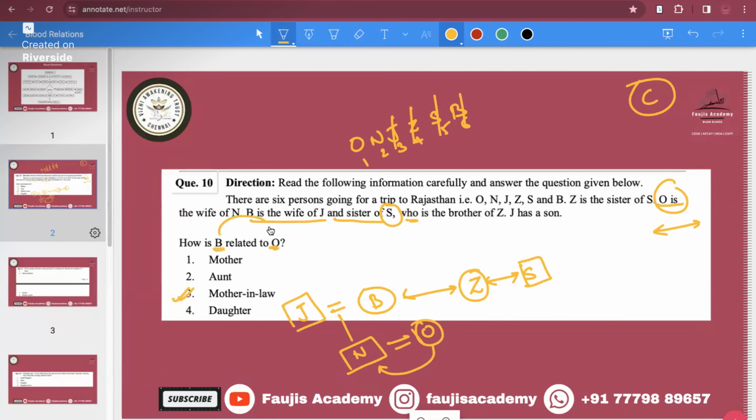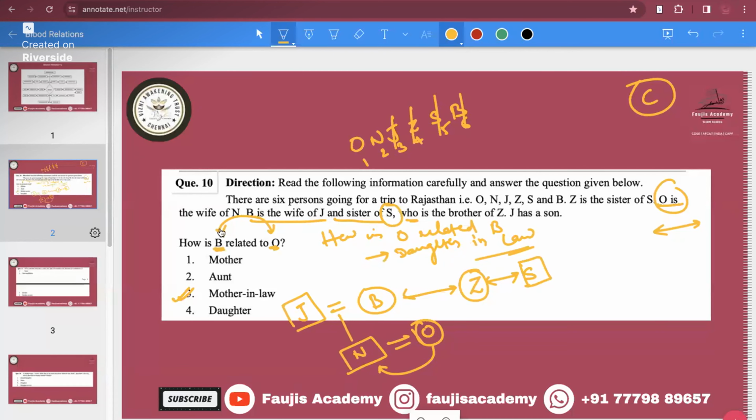Let us say if I interchange this question and ask how is O related to B, what will you answer in that case? You will write daughter-in-law, right? Not the same mother-in-law.